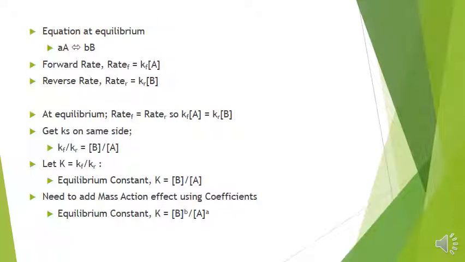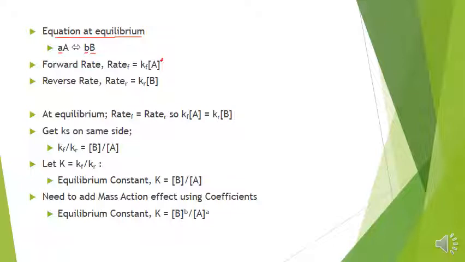Here's the equation at equilibrium, where a is the coefficient and A is the reactant, b is the coefficient and B is the product. The forward rate is rate F equals KF times A, and we're leaving the exponent off for now.